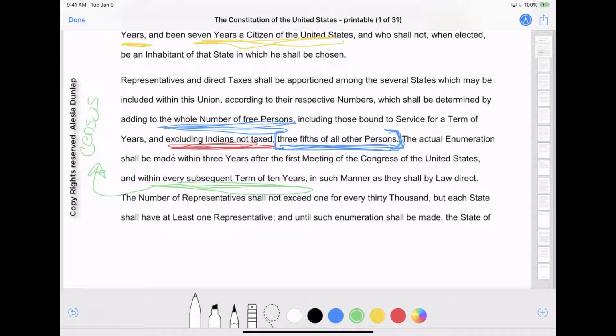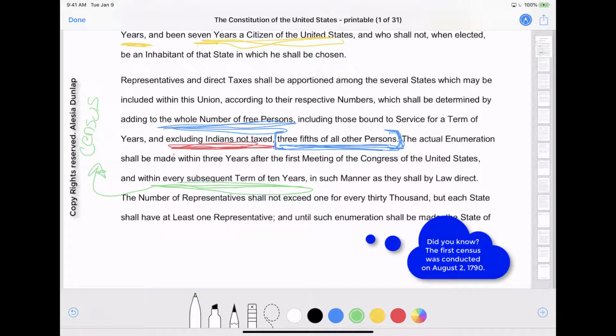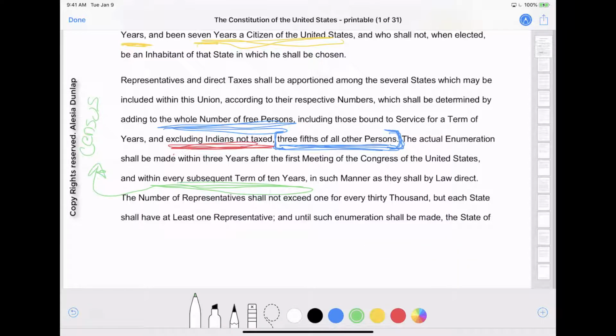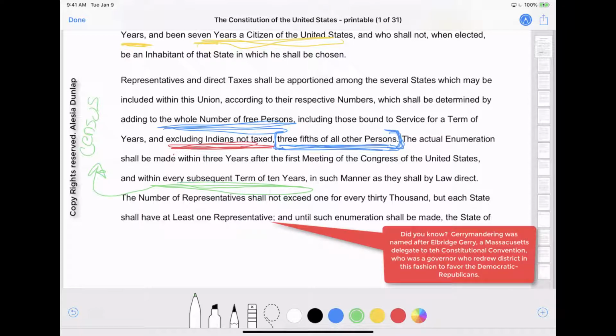The purpose of the census is to not only get the population of the United States, but the results were used to reapportion seats in the House of Representatives to each state, making each state responsible for redistricting, which is the act of redrawing congressional boundaries to achieve equal representation in each of the congressional districts, which means one person, one vote.